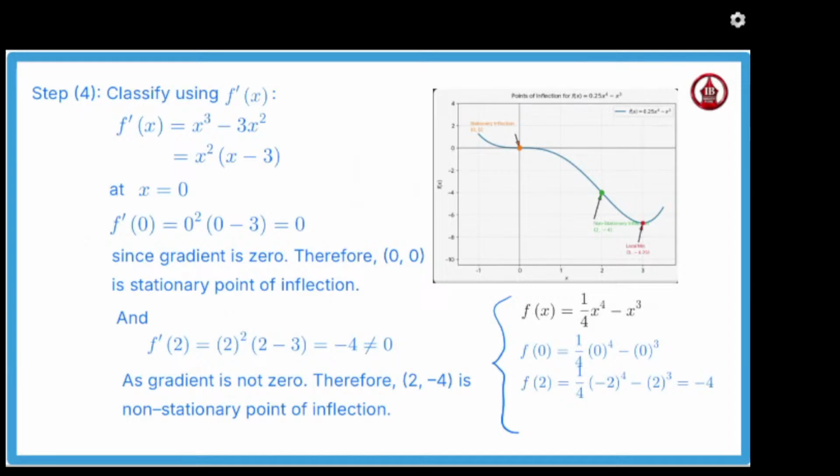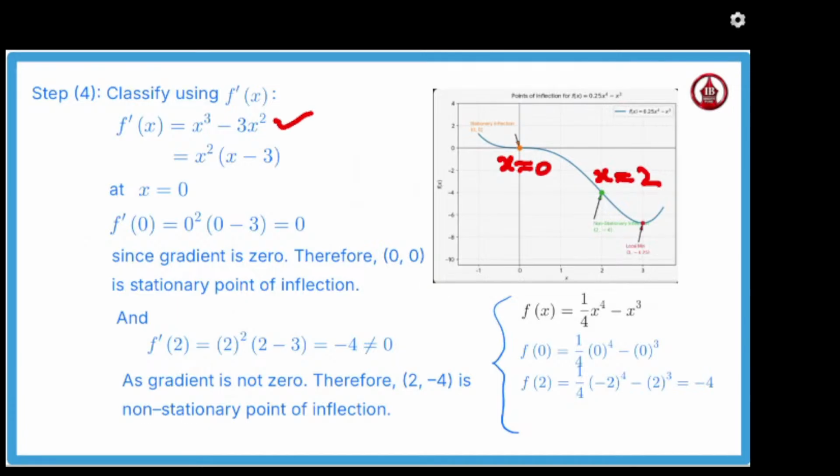Now, fourth step, to decide which one is stationary point of inflection and which one is not stationary point of inflection. For that, we classify it from the first derivative. Remember that we have two values of x for point of inflection. Here x is equal to 0, here x is equal to 2. First, I will replace x is equal to 0 in the first derivative.